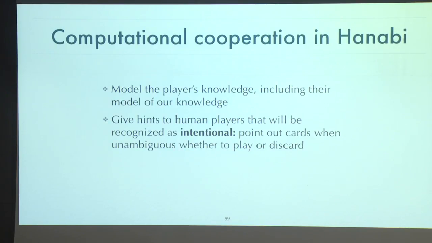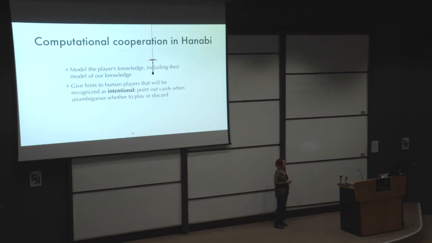So for building a computational cooperator of Hanabi, what we need to do is model the player's knowledge, including our model. We also need to model their knowledge about our knowledge, right? We need to think about what they know about our hand to inform the way that we play.